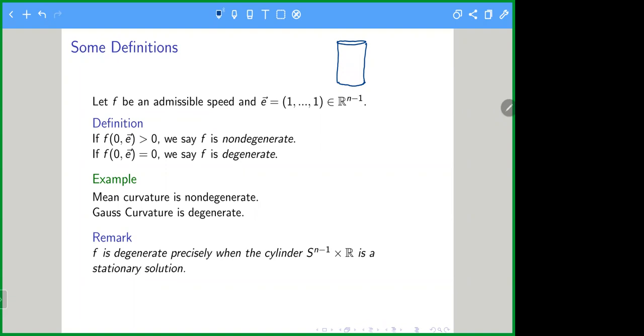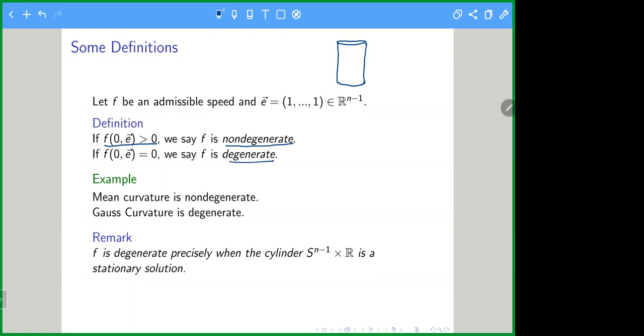This cylinder will shrink down to a line if this condition is satisfied, where E is just an (n-1)-tuple of ones. So if n-1 of my principal curvatures are nonzero, or rather even if only one of them is nonzero, I must have that my speed is nonzero. I call those non-degenerate speeds. And if my speed vanishes even when one of my principal curvatures vanishes, I call it a degenerate speed.